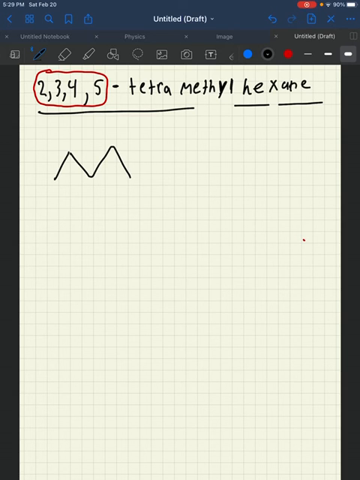1, 2, 3, 4, 5. And you'd have 1 second. This would be your answer. You could choose either the meso compounds, or you could draw them both.